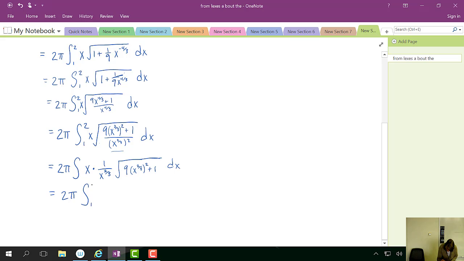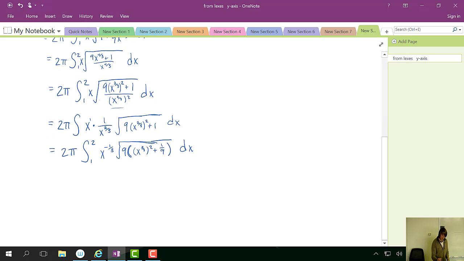So x to the 1 divided by x to the 2/3 is x to the negative 1/3. And then if I factor out a 9 from both of these terms, I get what? x to the 2/3 squared plus 1/9, right, dx. And then from there, we notice this is not arcsecant, this is just a secant form.